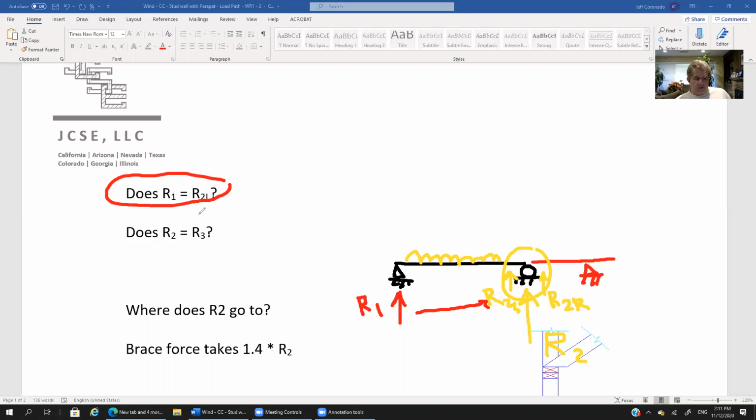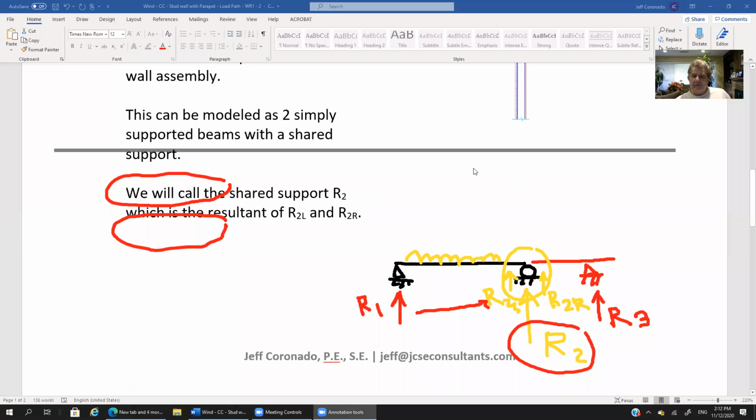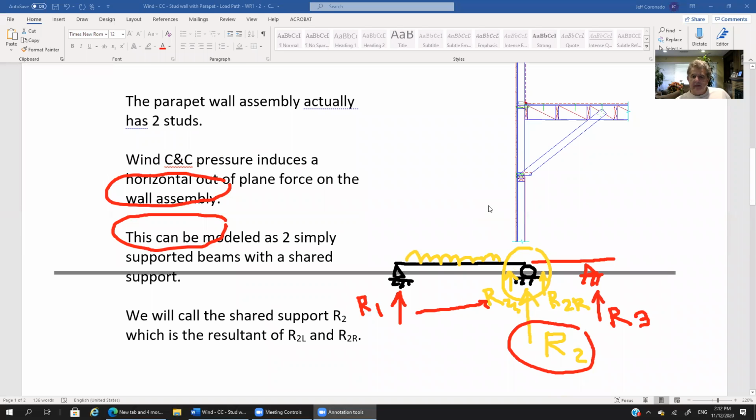How about the second question? Does R2 equal R3? So R2 is this, that's the addition of R2 left and R2 right. Would that equal R3? R3, remember, is the reaction that goes into the roof. So if you want, we can scroll up and take a look at it physically. What we're asking is about the reaction from the wind.